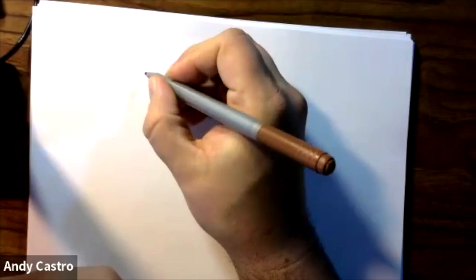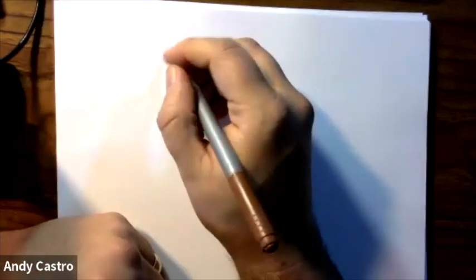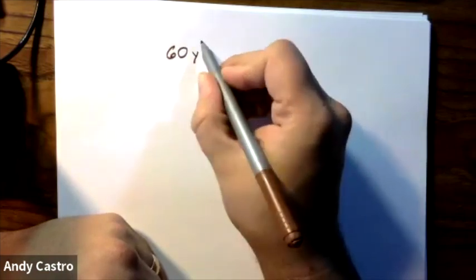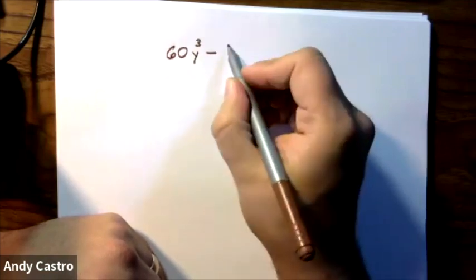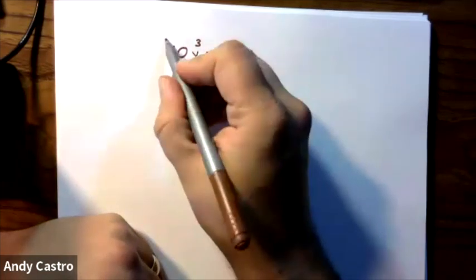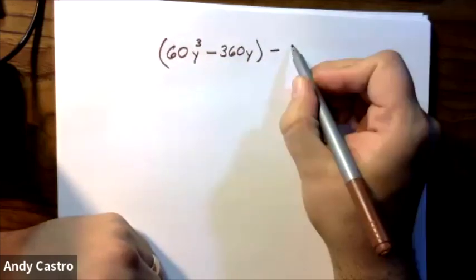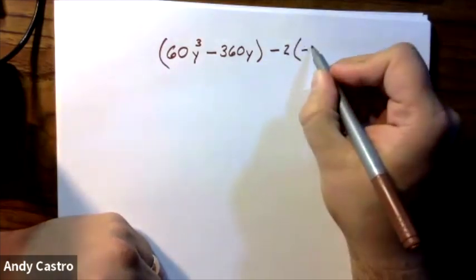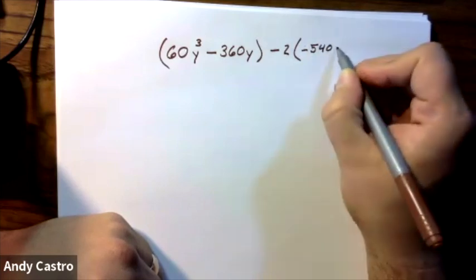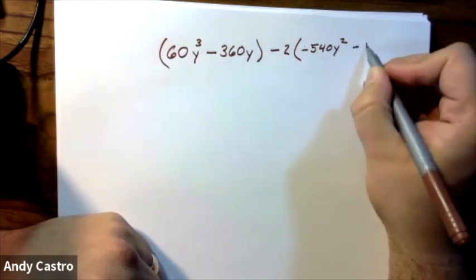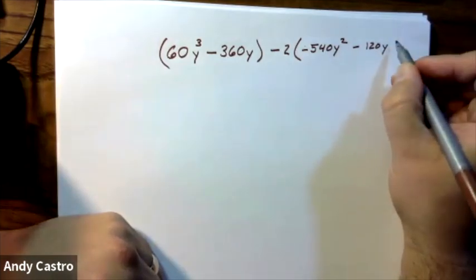Let's do 60y to the third minus 360 times y, that quantity, minus 2 times negative 540y squared minus 120y.